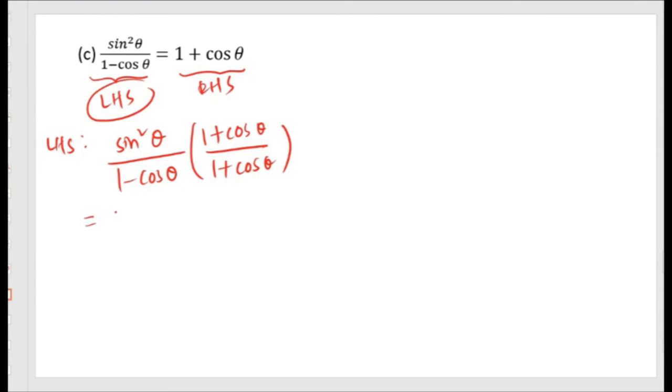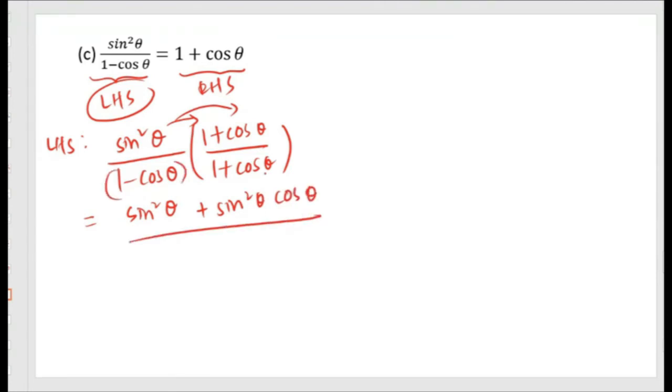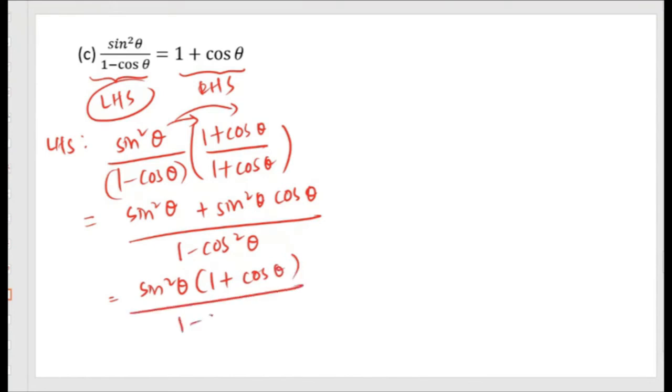So you will get sine squared theta plus sine squared theta cos theta. The bottom, 1 minus cos theta times 1 plus cos theta, becomes 1 minus cos squared theta. On top we factorize out sine squared theta, 1 plus cos theta.